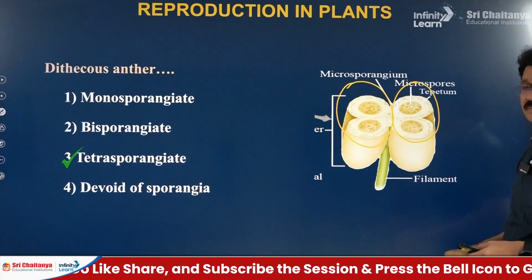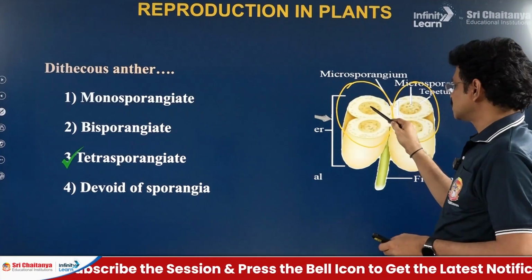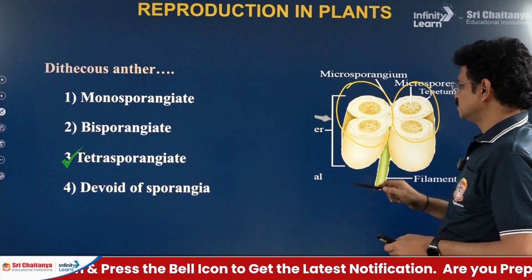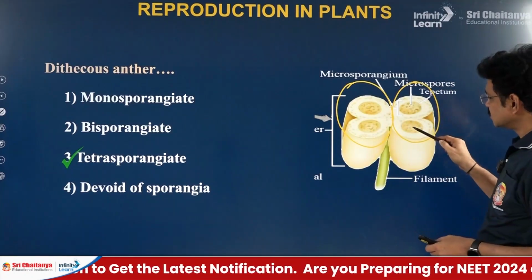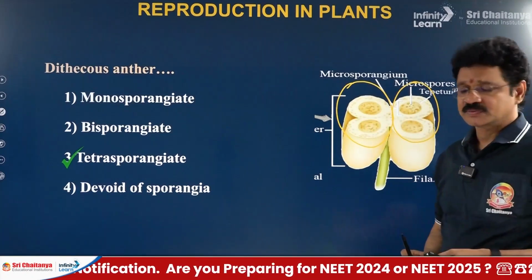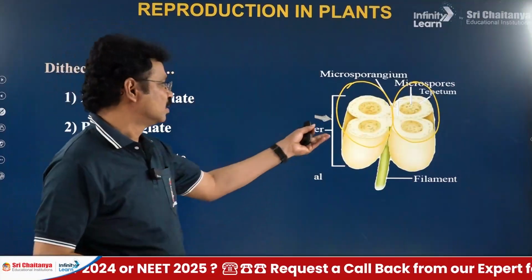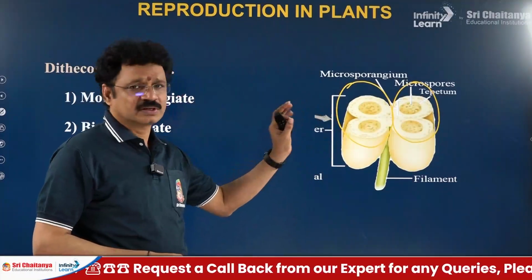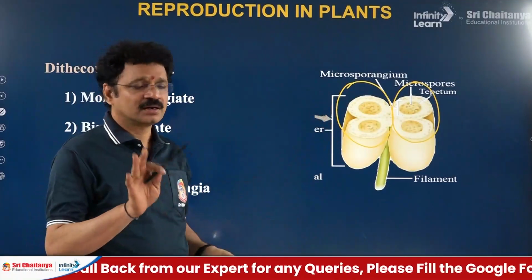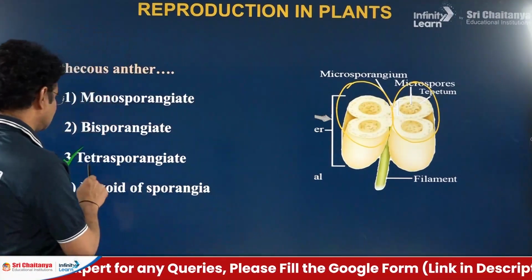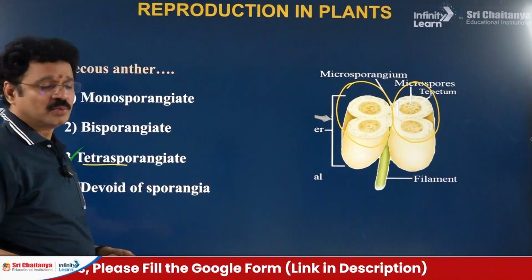Second anther lobe. Number of microsporangia in each anther lobe is 2. Second lobe also has 2 sporangia. Total number of microsporangia in the dithecous anther is 4. This is the meaning of tetrasporangiate anther or bilobed anther.